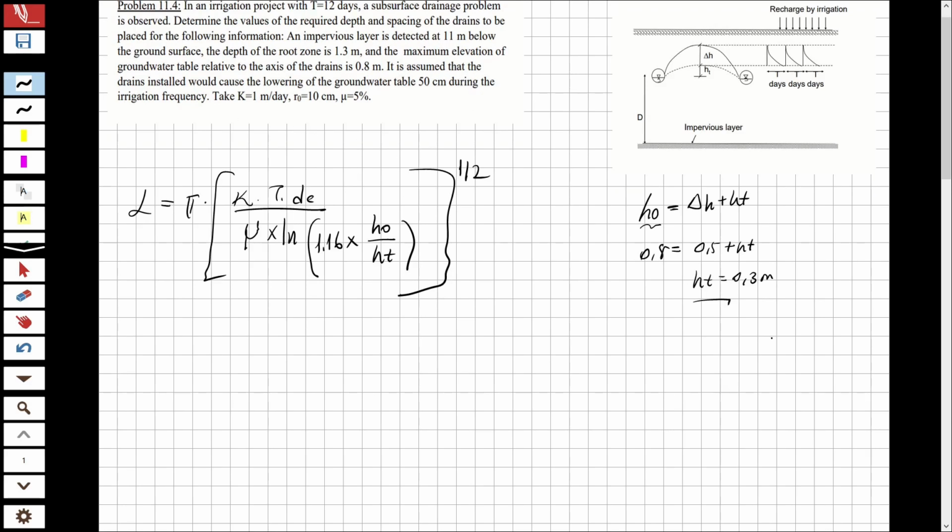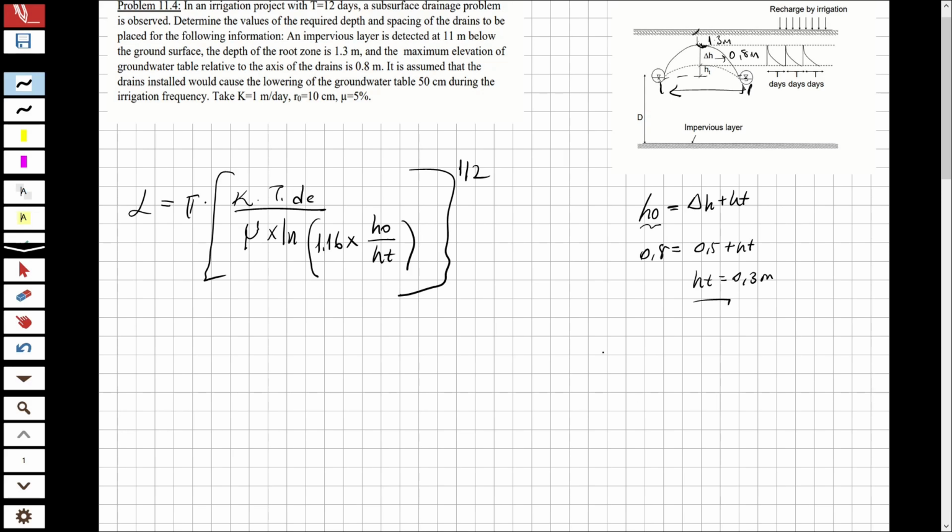All its data is given inside here, and we are going to make trial and error and determine the length between the two drains. And now we obtain the depth. I'm going to show you here. From that point until here is 0.8, and this is 1.3 meter, and that is 0.8 meter.